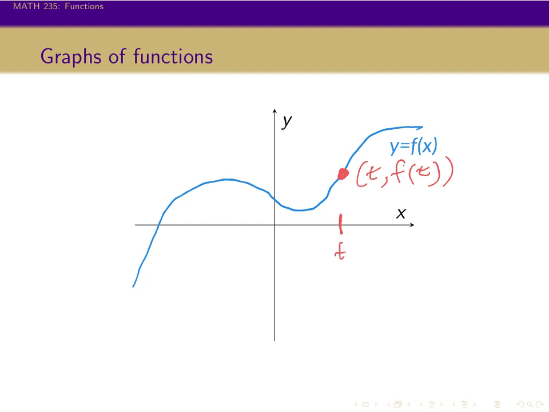Right? And so this is why we call it y equals f of x. We are setting the y values to be the outputs of the functions when you plug that particular x value into there.